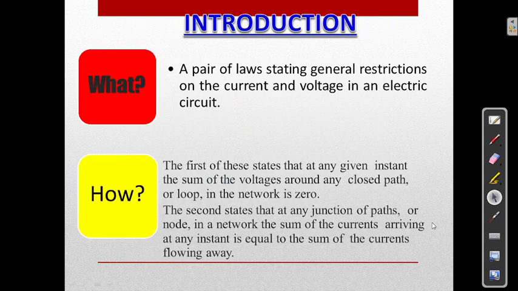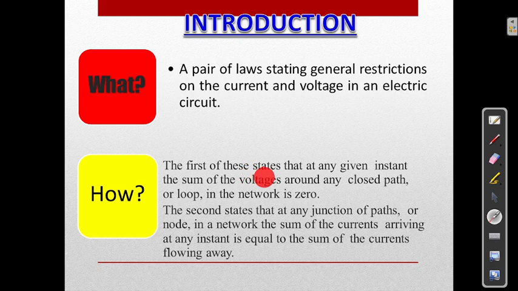And the introduction. What is Kirchhoff's law and how does it work? Before we see about the law, it is a pair of laws stating a general restriction on the current and voltage in a particular circuit.